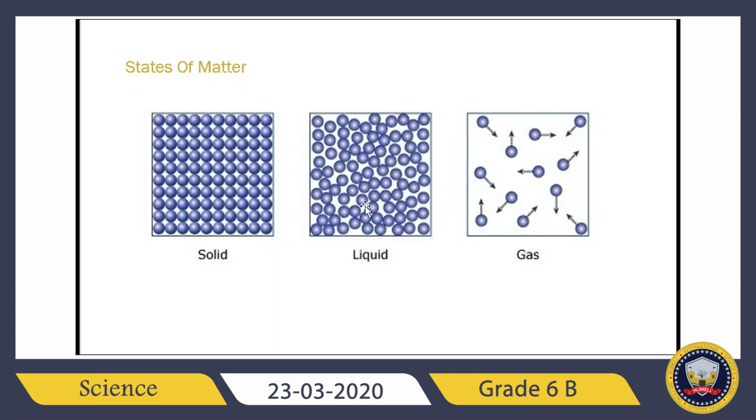So again, liquid has a definite volume, but it doesn't have a definite shape, and it will always take the shape of the container. Again, why? It's because of the arrangement of the particles, and it's all about what? It's all about the spaces between the particles of the liquid state.